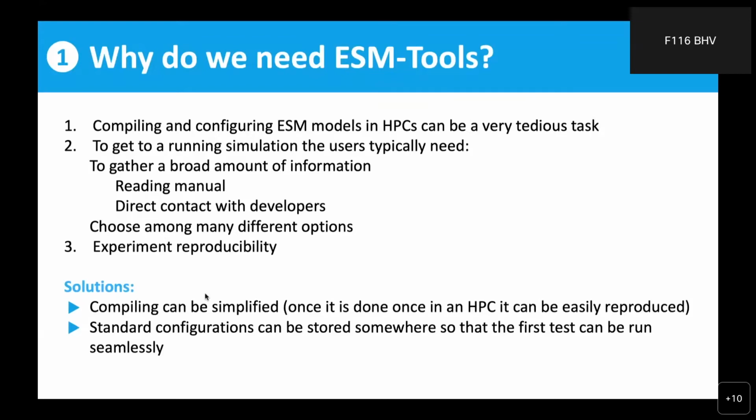If I am the model developer, I can set all these defaults for running a simulation and call it a name, for example, my PI control simulation, a pre-industrial control simulation. I'm going to give this to my users, and then they can reproduce the exact same simulation.